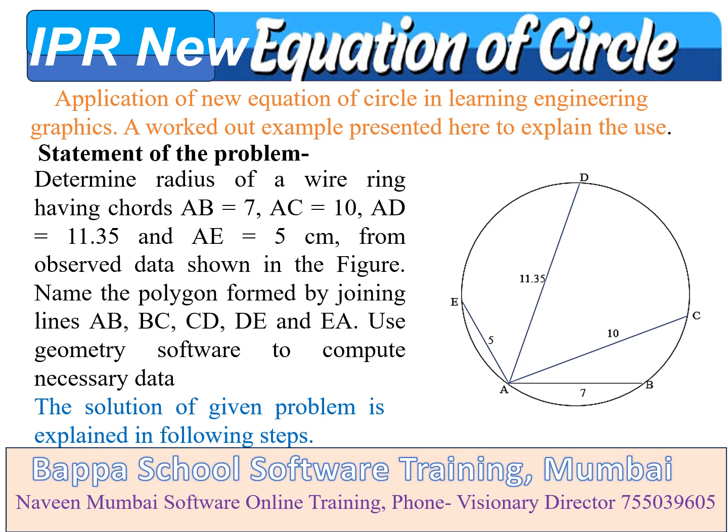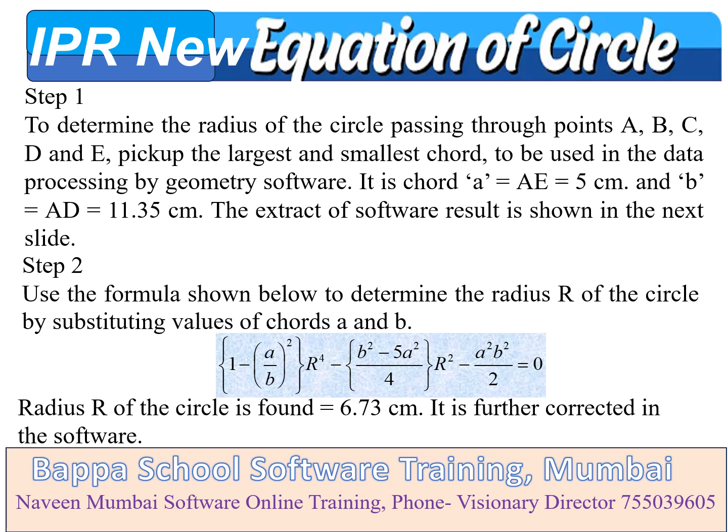The solution of given problem is explained in following steps. 1. To determine the radius of the circle passing through points A, B, C, D and E, pick up the largest and smallest chord to be used in the data processing by geometry software.